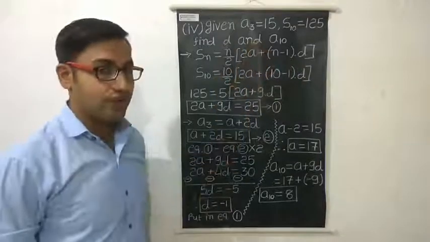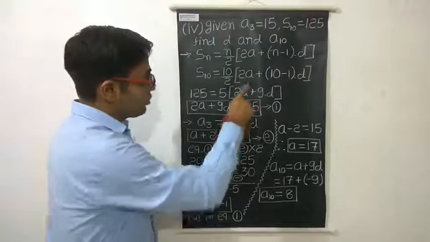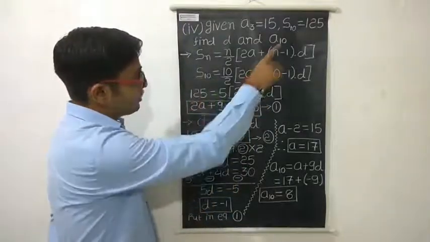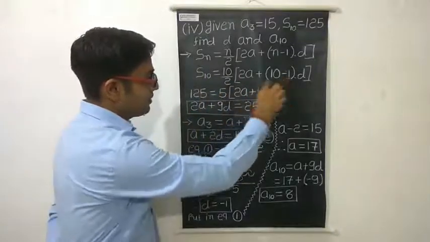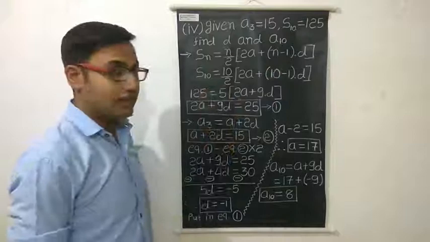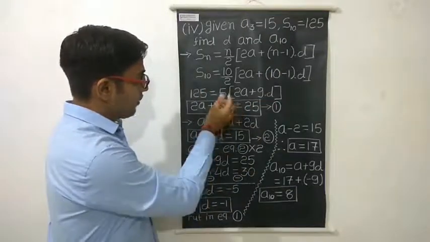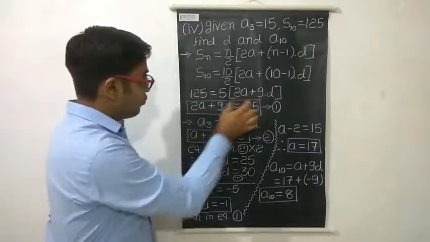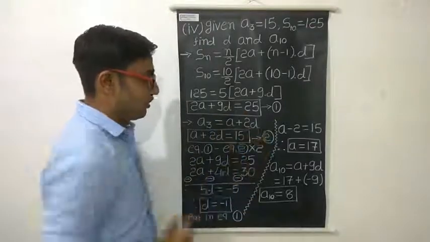We don't know d, we have to find it, and a is also unknown, so both a and d will remain as they are. Now S10 is equal to 125, 10 by 2 is 5, and 10 minus 1 is 9, so 5 into 2a plus 9d. Taking this 5 to the left hand side, it will divide the 125. So we get 2a plus 9d is equal to 25. Call it equation number 1.